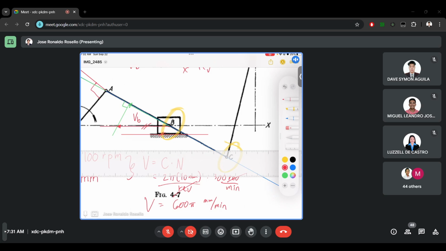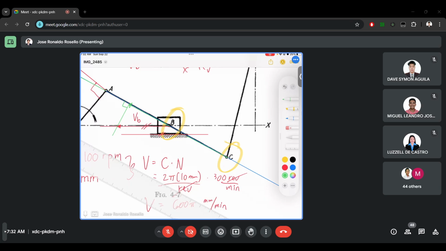Again, for velocity C, we can copy the component we made earlier at point A because A, B, and C are all on the same link. 1, 2, 3, 4. 4.2. Let's just copy it here. There.